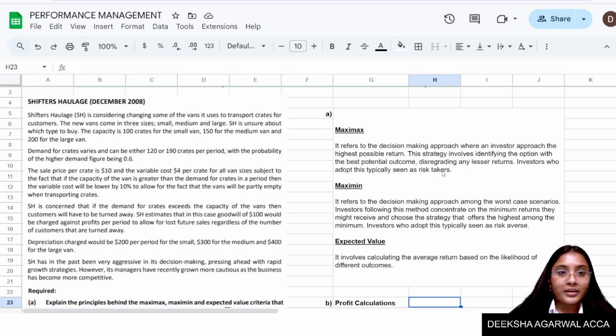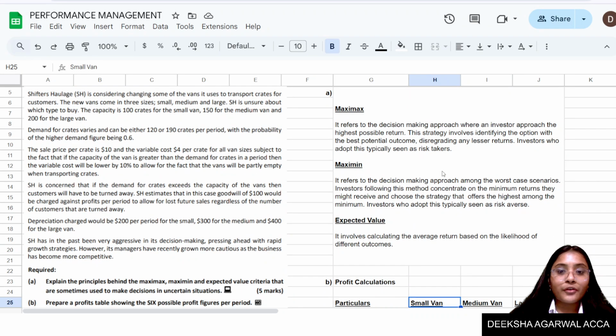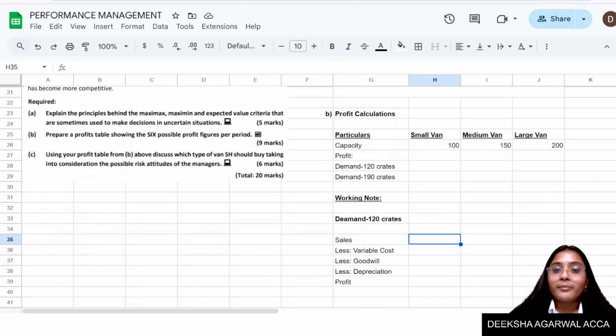If you look, 100 is the capacity for the smaller one, the normal capacity that we have. So the first thing you will calculate is with 100 and 120, two figures given to you. Even if you do the probability part, like 120 into 0.6, because you need to calculate the probability, here 120 is more than the 100 capacity.